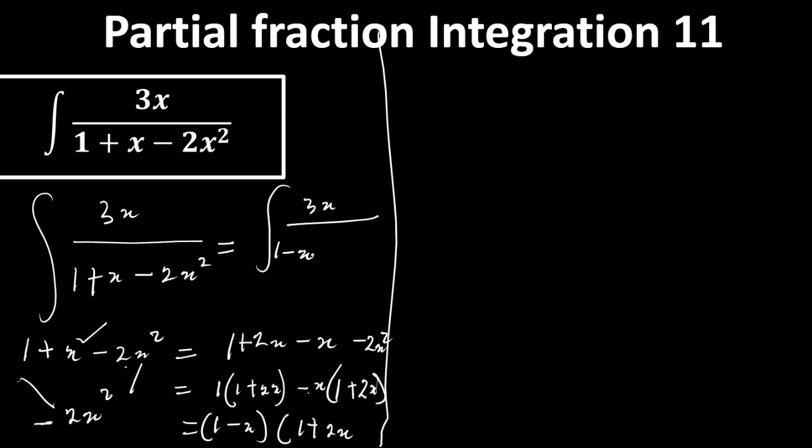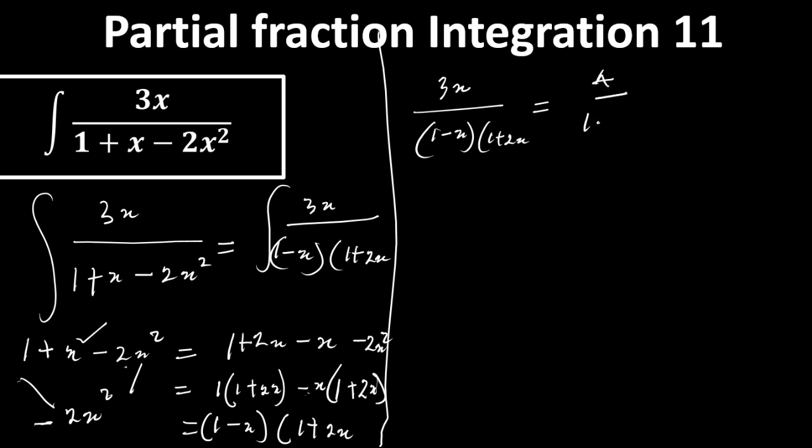So I can rewrite this to mean 3x over 1 minus x into 1 plus 2x. So let's decompose it so that my 3x over 1 minus x into 1 plus 2x will be the same thing as A over 1 minus x plus B over 1 plus 2x.